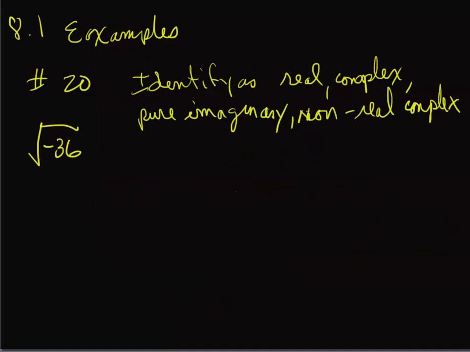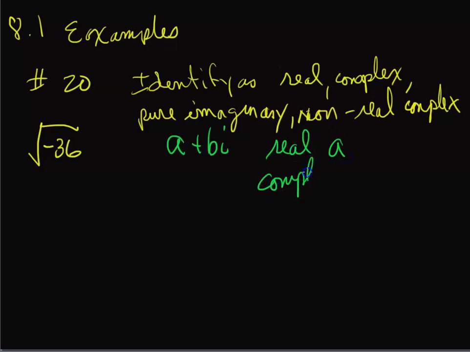Okay, let's do some examples from section 8.1. Number 20, we're supposed to identify this square root of a negative 36 as real, complex, pure imaginary, or non-real complex, or maybe a combination of those. Remember what that means. If we have a plus bi, then if it's real, it would just be the a. There would be no i.